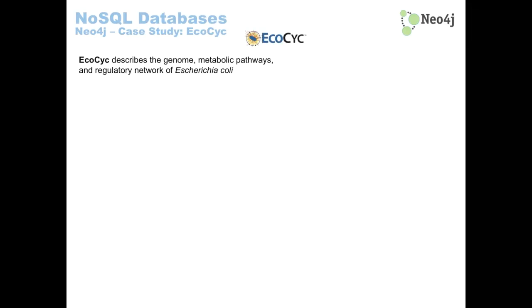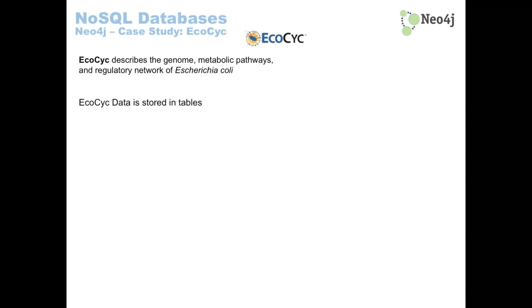So, a case study using Neo4j, and this is actually a study that I did using EcoCyc. EcoCyc is a database that describes the genomic, metabolic pathways, and regulatory network of E. coli.